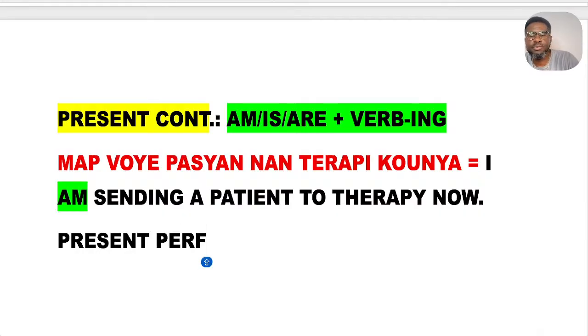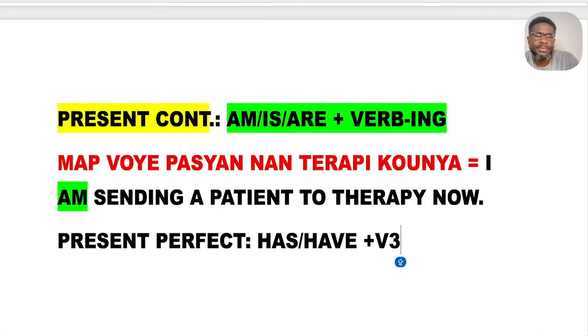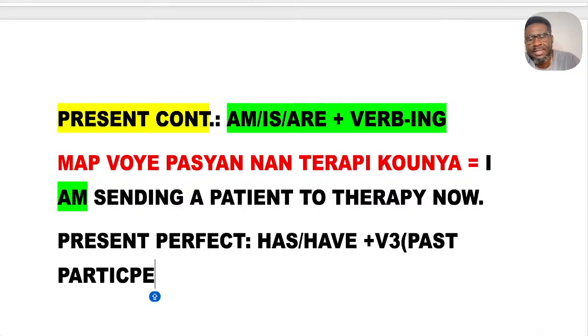So present perfect, c'est soit li has ou bien li have et puis plus V3. V3 c'est past participle, okay? Past participle, participe passé.